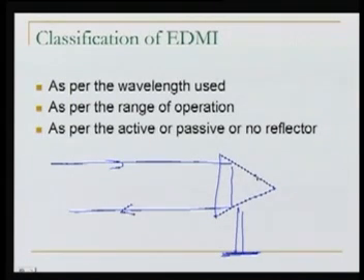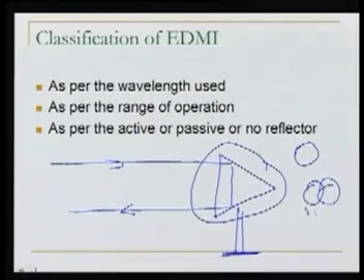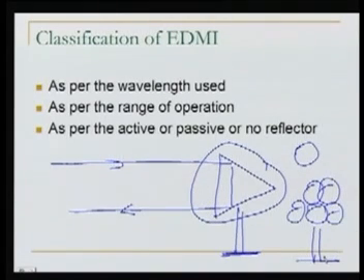So this is a kind of ideal reflector. Because we have an ideal reflector here, whatever radiation reaches here, most of it will be reflected back. So this kind of thing where our reflector is a simple prism or maybe an assembly of these, we have one prism or maybe 1, 2, 3, 4, 5, that kind of reflector. All these are called the passive. They are just simple prisms.